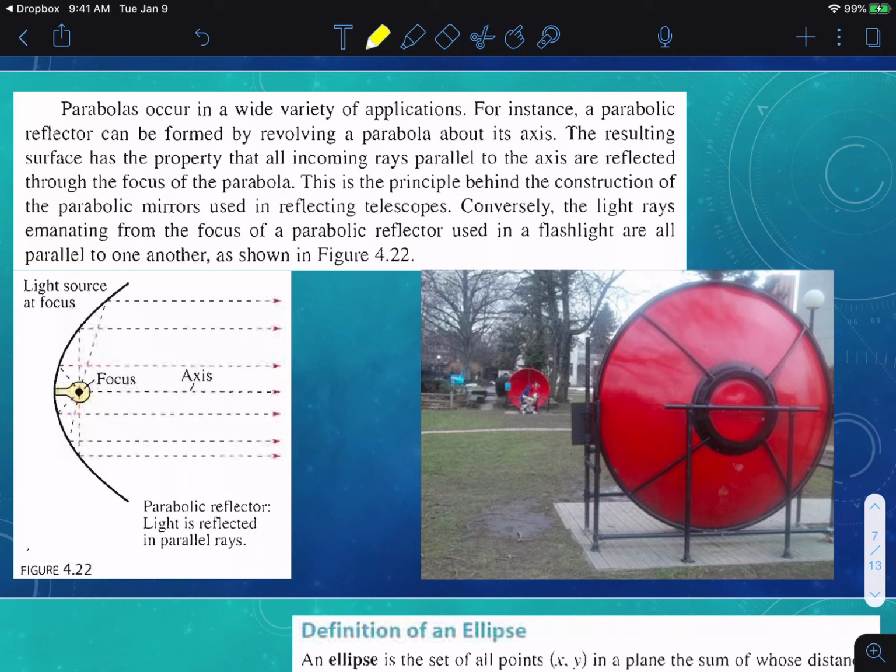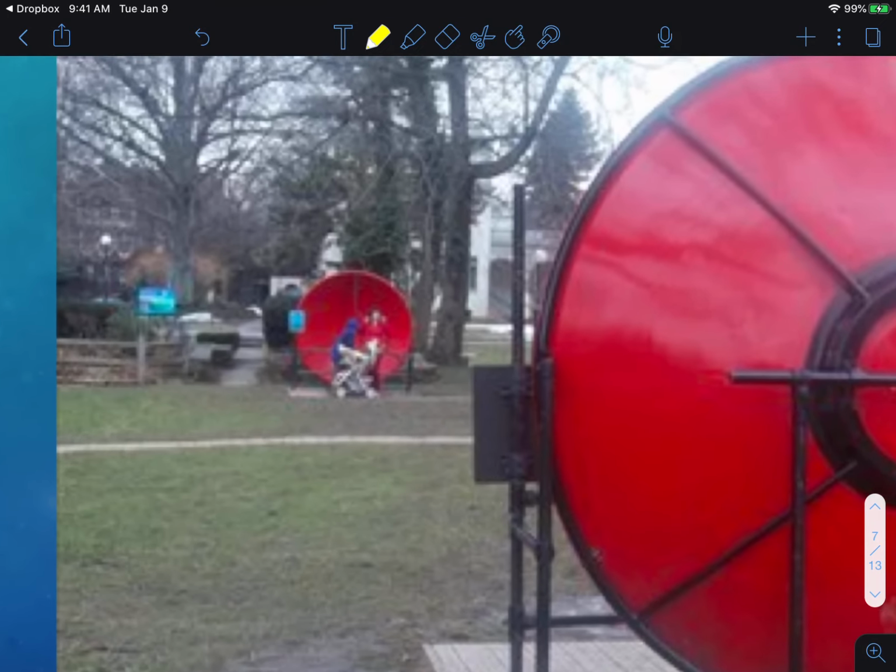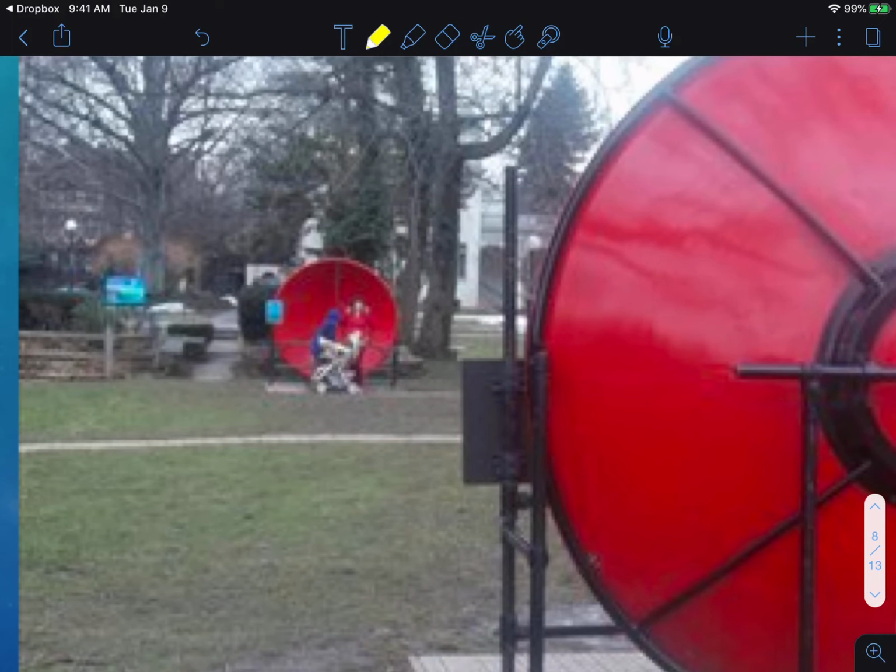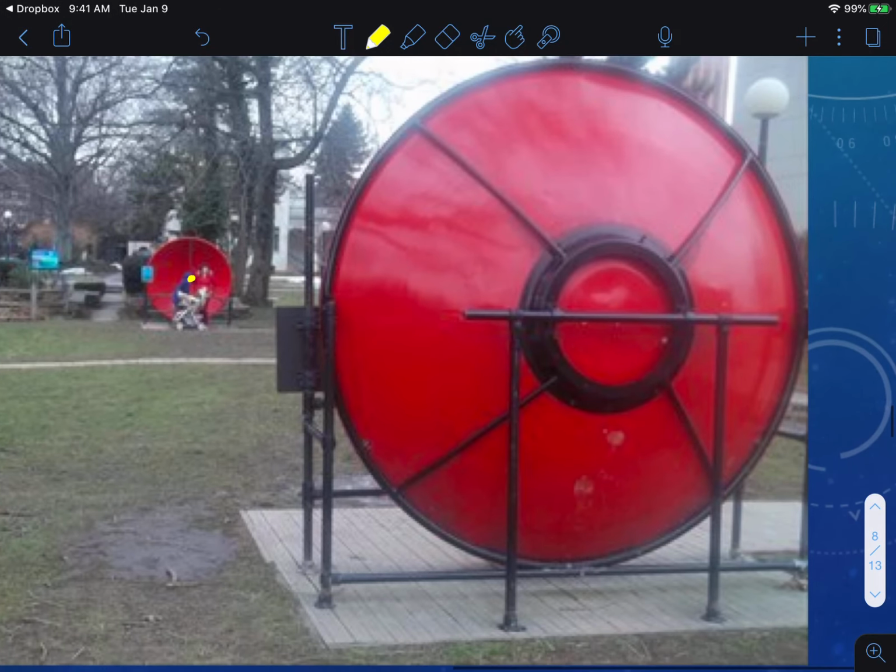If you look at that picture on the lower right, these are called whisper discs. And whisper discs are basically parabolic shapes that if you are sitting where this person is sitting, it's kind of hard to see them, but they're right located at the focal point of that parabola right there. So if you were sitting on the other side of this disc right here, and talking, you could talk really quietly.